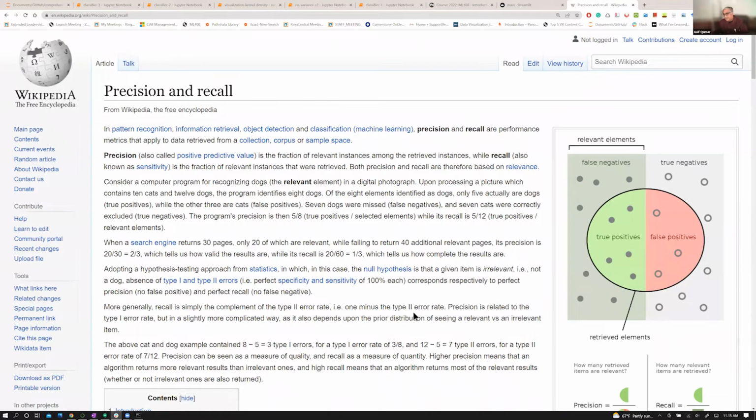So first, precision and recall. Let me just explain this. The best way to do that is to look at this picture. Let us say that the green side, the left-hand side, are all the dots that are truly positive, right? So the green zone is the positive zone. The gray zone is the negative zone.